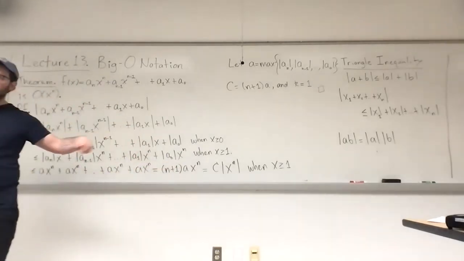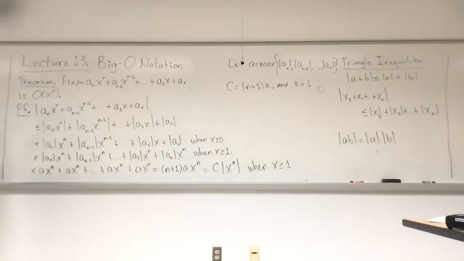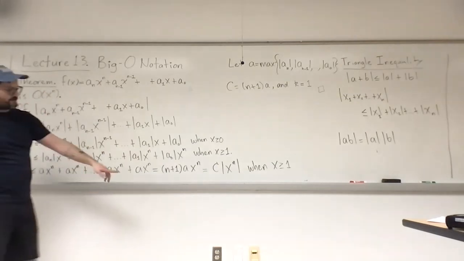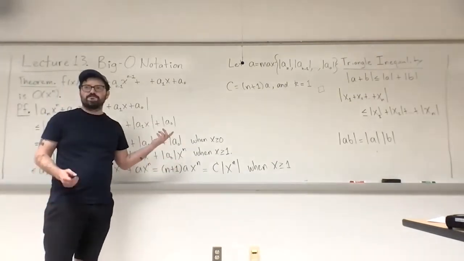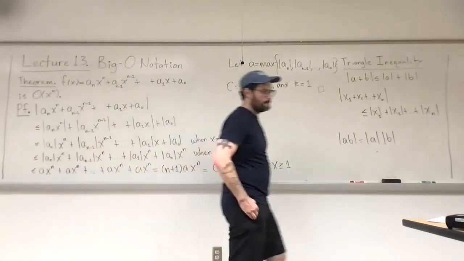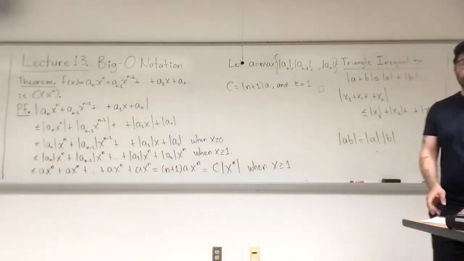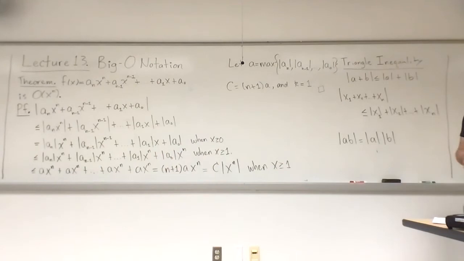And then your lowercase k is just 1 always. So no matter how complicated it looks, it's no more than just that number times x to the power n. Okay. So now we have a theorem that we can use whenever we encounter a polynomial. We know immediately the big O estimate for it.